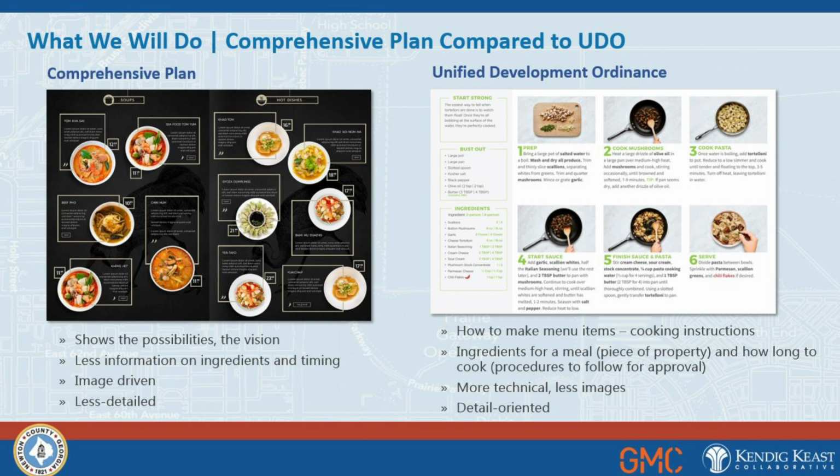There are also some graphics and some images that help them, but it really gets down to the details of how you begin, what ingredients you use, how they come together to end up with that final picture that we showed in the comprehensive plan. So it's very similar between a menu and a recipe if you want to think about the comprehensive plan and the zoning and Unified Development Ordinances as a way to think about that.